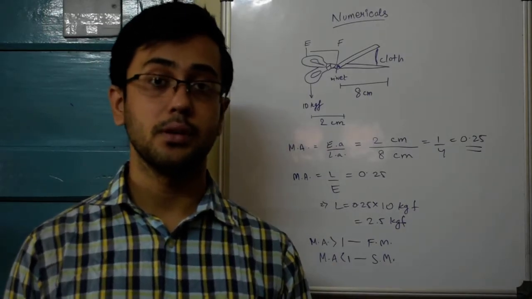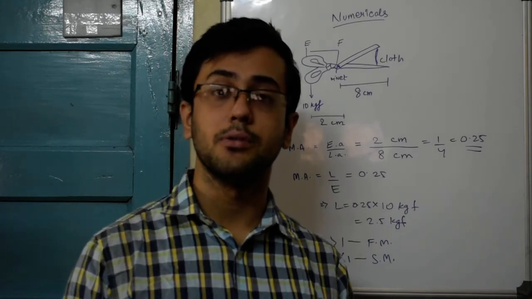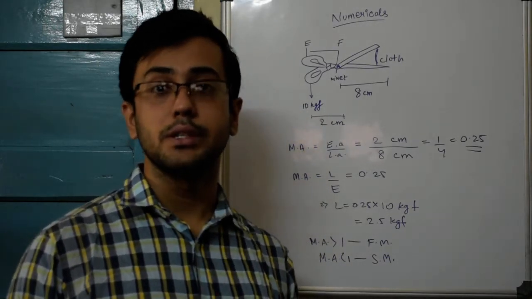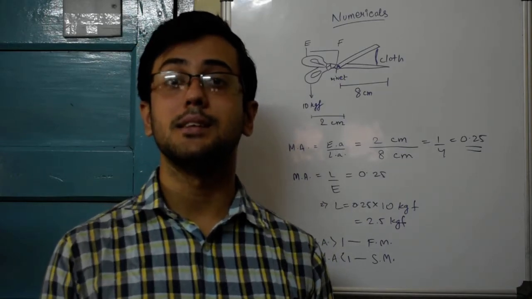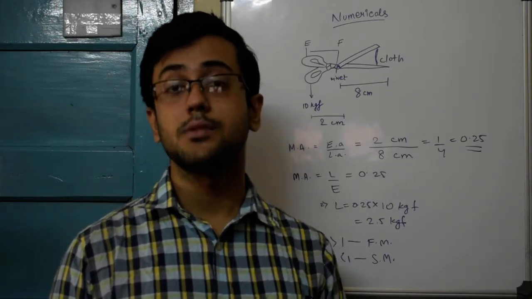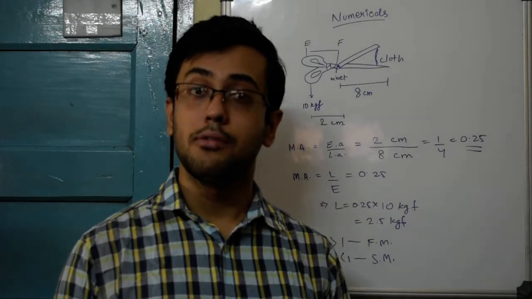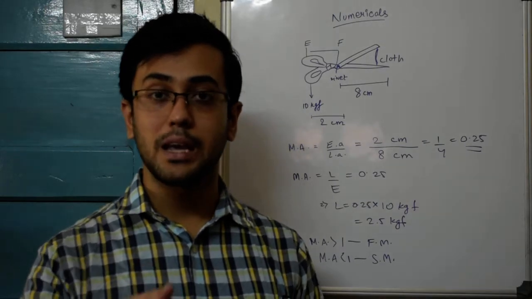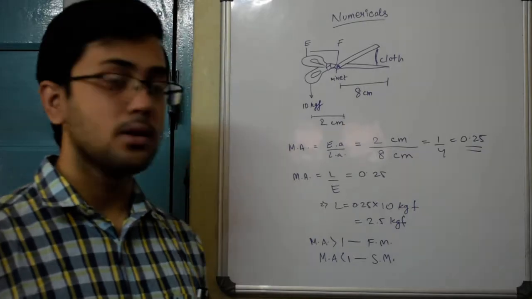The question will not say directly that the load arm equals this or the effort arm equals this. They will say things like this many centimeters away from the rivet, or the handles are this many centimeters long. For that reason, you need to understand all the examples and look at the diagrams, so that you have an idea of what the effort and load arms are, and then you can solve the problems.